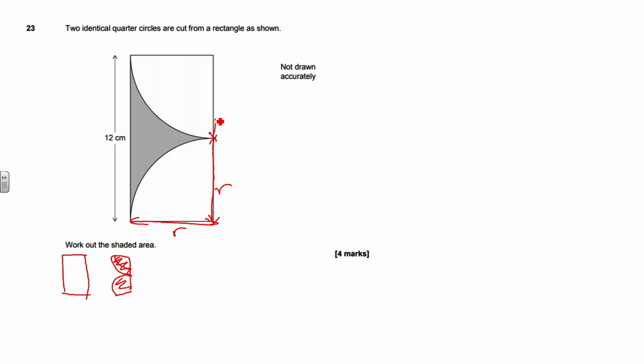So effectively, by showing us this diagram with the circles drawn, they're telling me that the rectangle is half as wide as it is tall. So we know that the radius of the circle, the width of the rectangle, is 6 centimetres. So to work out the area of my rectangle, I do 12 times 6. Rectangle area is 72 centimetres squared.